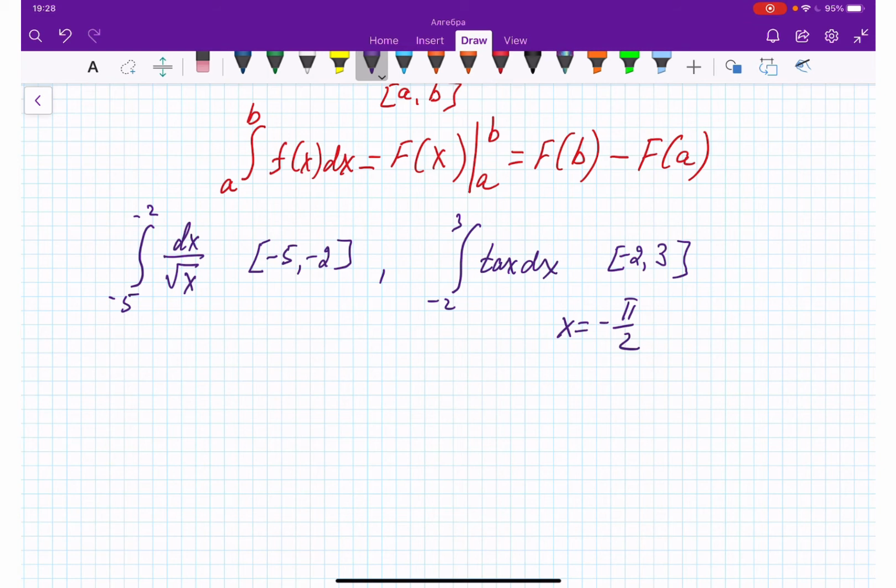Remember the graph of tangent: this is 0, this is half a pi, negative half of pi, this is pi, this is 3 over 2 pi.